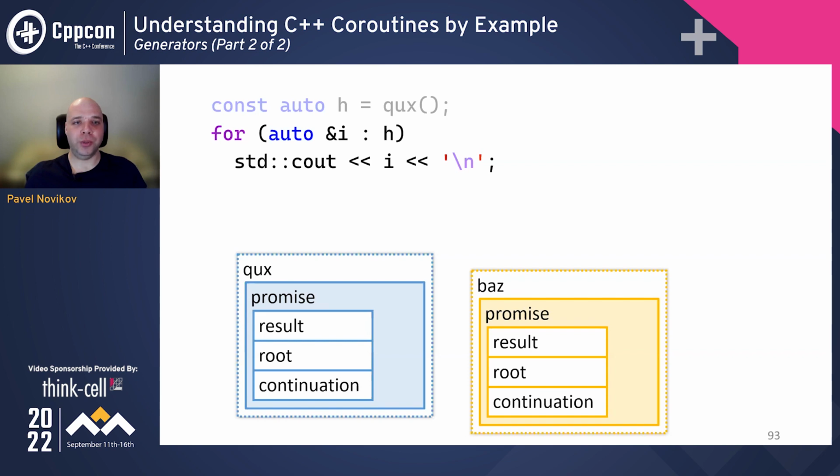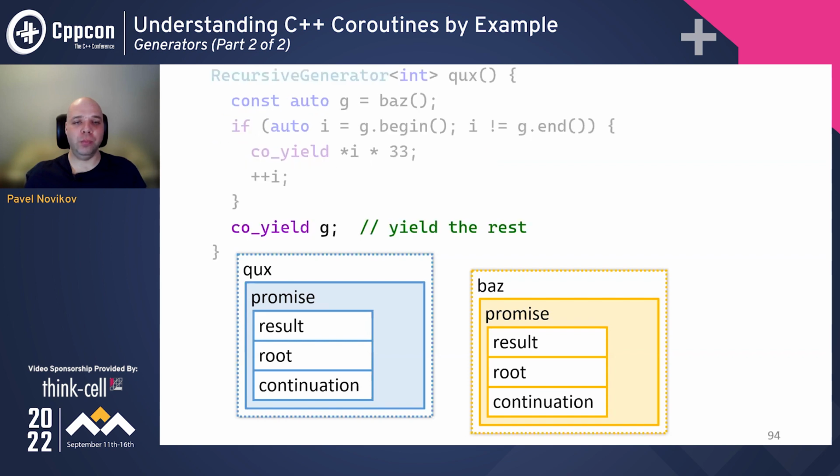So now we want to get the next value. We resume the cooks generator. It gets to the last statement, where we yield the whole rest of the bus generator. And at this point, we set the root of bus as our outermost generator cooks, and we set the continuation of cooks to the coroutine frame of bus.